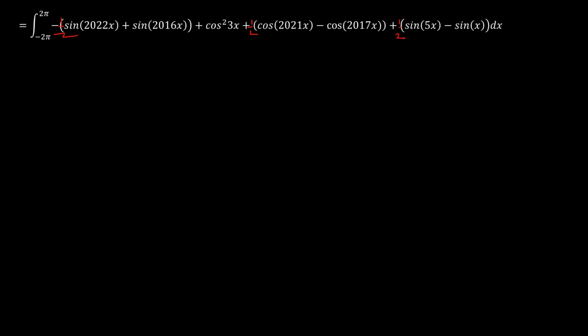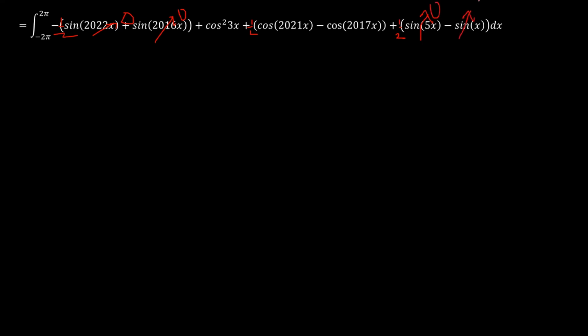as you can see, when you integrate sine 2022x, it is 1 over 2022 times negative cosine 2022x. Now cosine of 2 pi and cosine of negative 2 pi are the same value, so when you subtract those values, you get 0. The same thing applies to this, and to this.